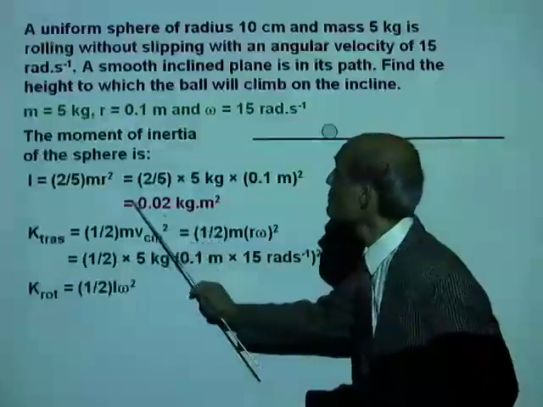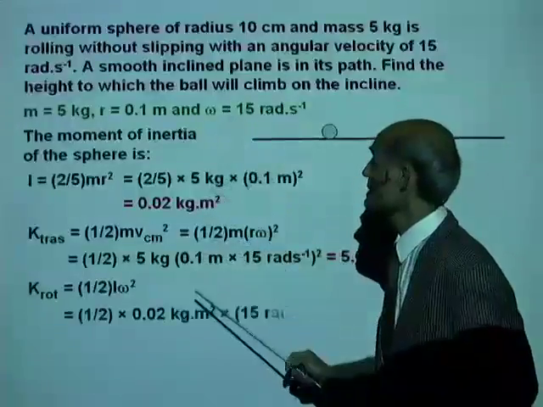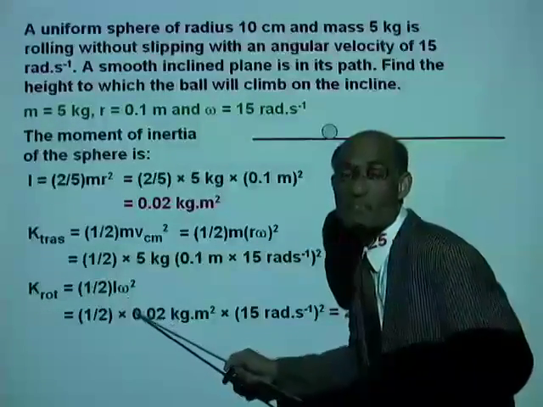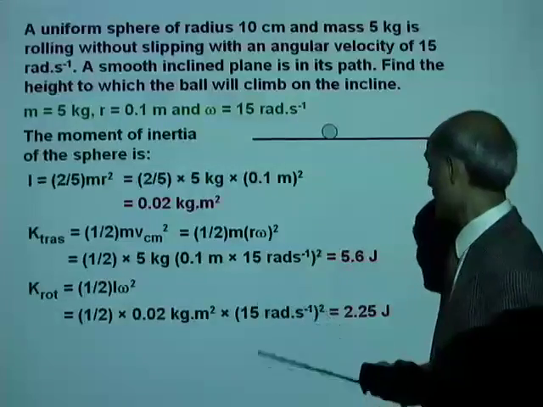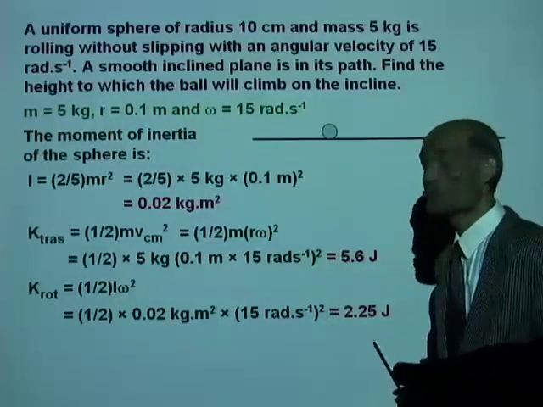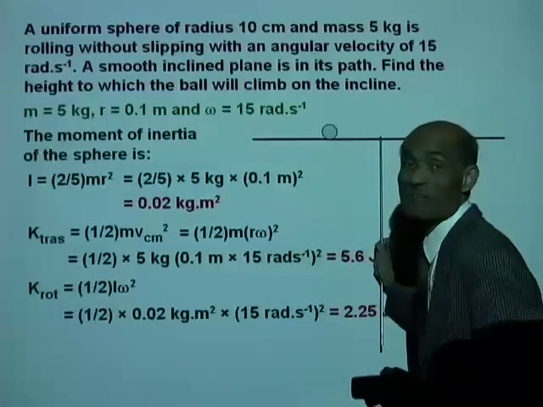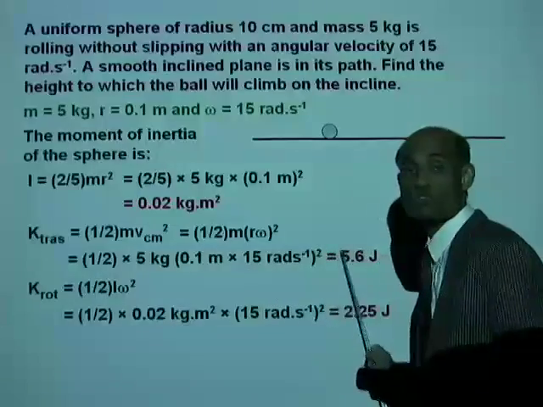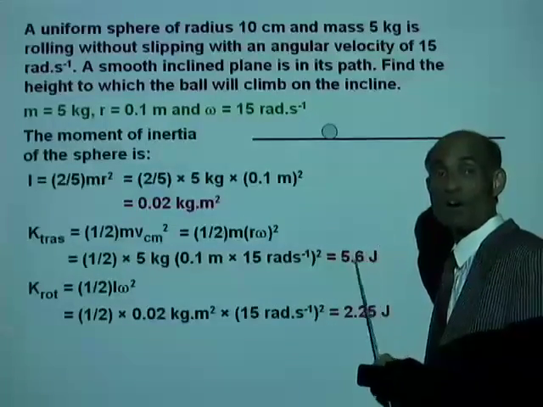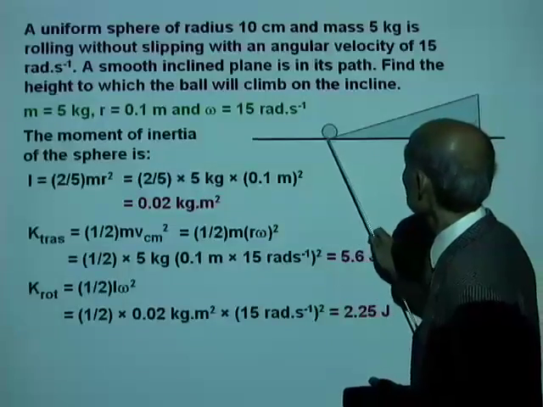And we know the value of I, we know the value of omega, so that will be 1/2 I times omega squared. That is 2.25 joules. So when this sphere comes to the bottom of that inclined plane, it has a total kinetic energy of 5.6 plus 2.25.